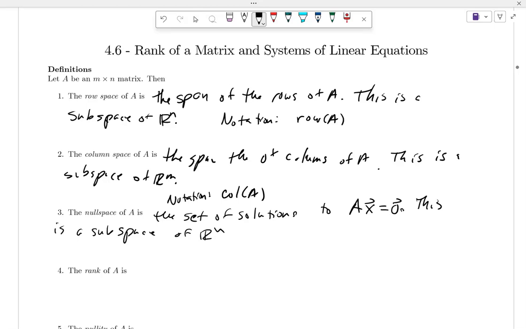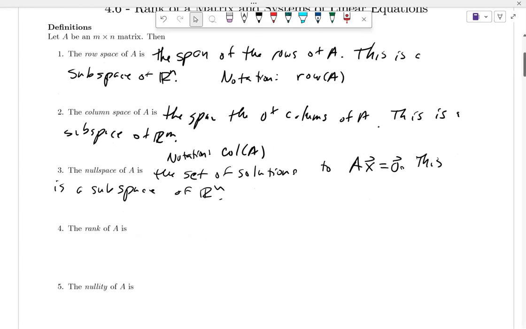Okay. So two of these spaces that we're looking at here are subspaces of Rn, and one is a subspace of Rm. Okay. All right.